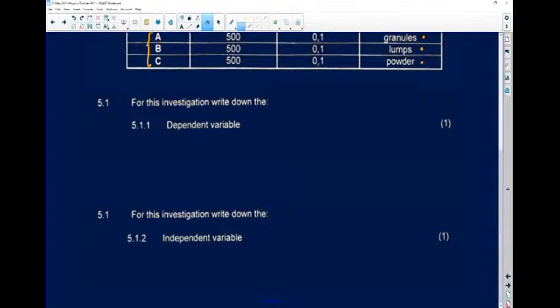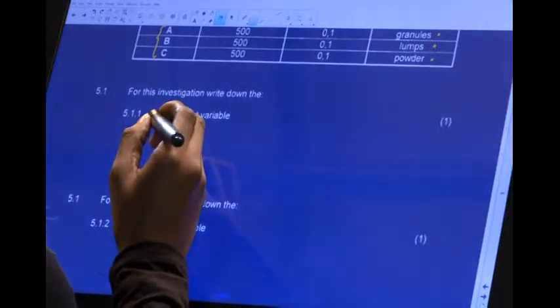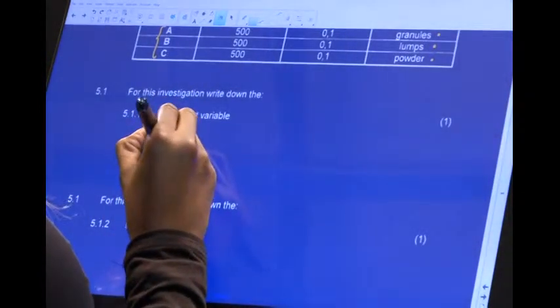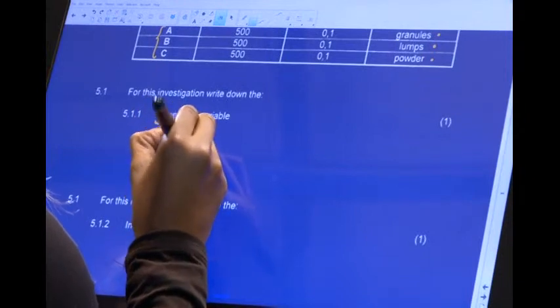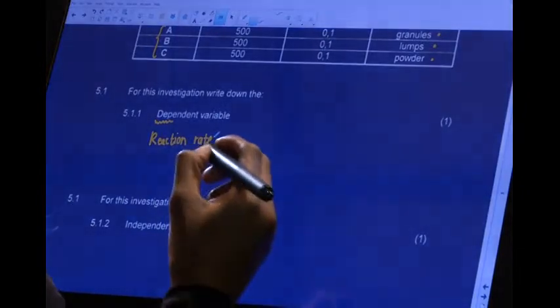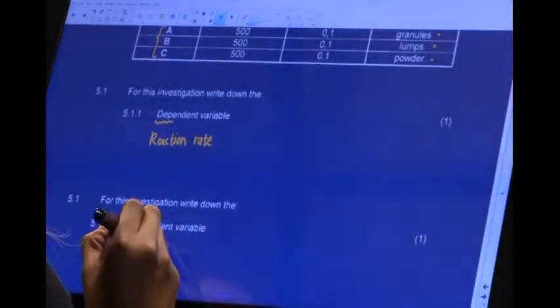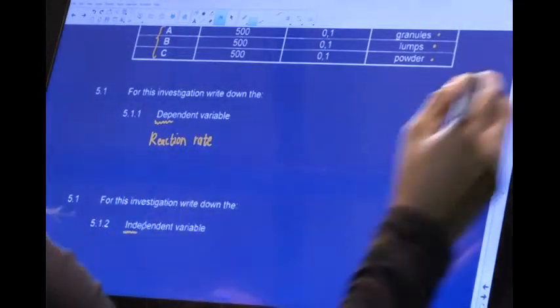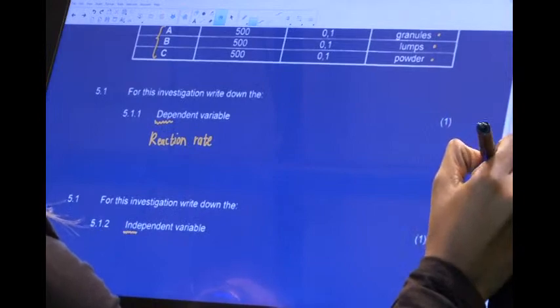Remember, the dependent variable is the one that depends on the other one. So the dependent variable in this one will be the reaction rate. That will be the dependent variable. Then the independent variable, the one that stands by itself, is what the dependent one depends on.